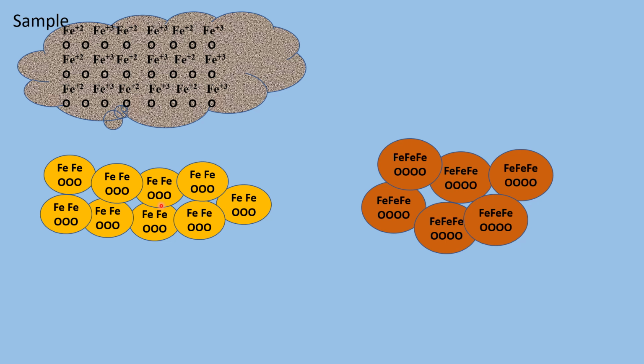Ferric oxide, Fe2O3. So I presented the ferric oxide in this manner. You have 2 units of iron and 3 units of oxygen because the formula is Fe2O3. We can collect the precipitate and determine its mass.